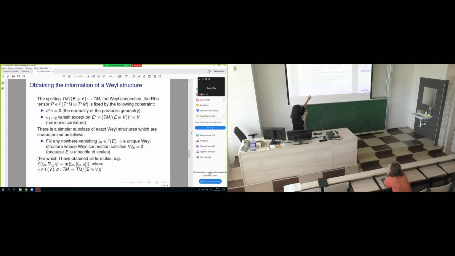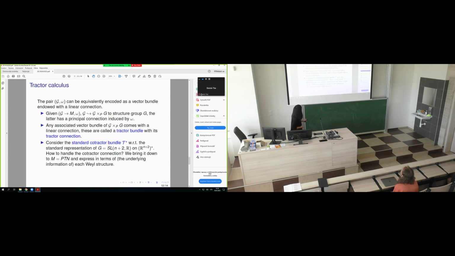With this procedure I produce the explicit expression for the underlying data, and this is one of the examples of Cartan connections from direction E on direction V. Others are longer, some are shorter.